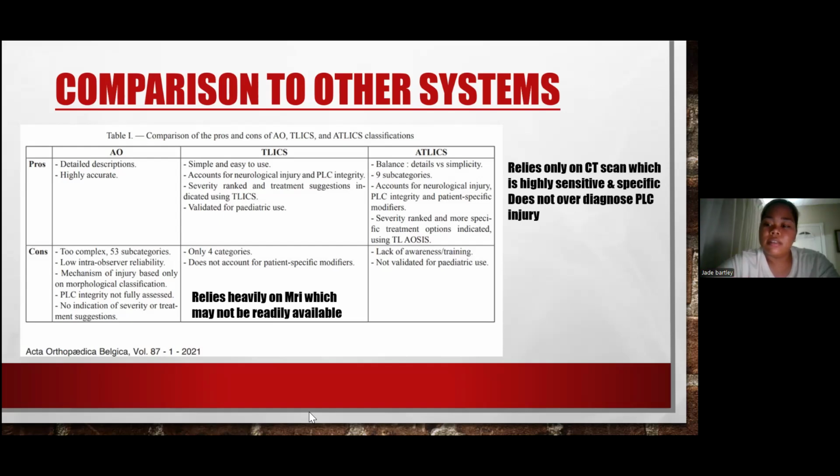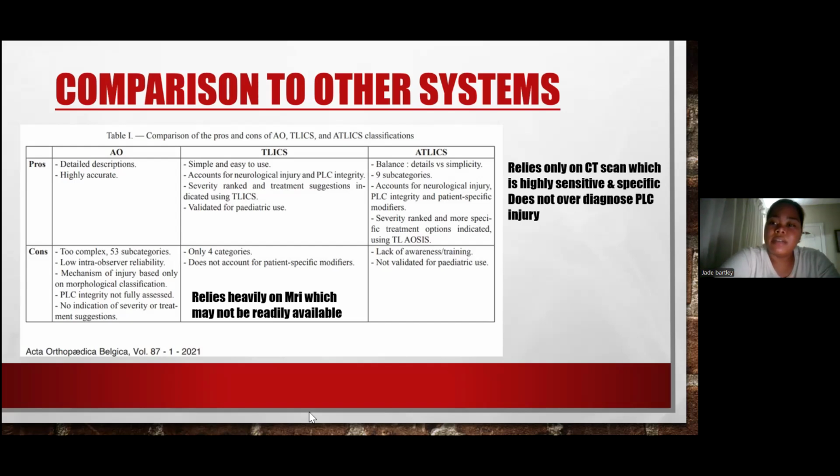It takes into consideration the neurological injury, the posterior ligamentous complex integrity, and patient-specific modifiers, which would help to preclude intervention for serious injuries, depending on whether or not the patient has any underlying health conditions, overlying burns that would prevent same. And it actually used imaging that was available in the emergency department.